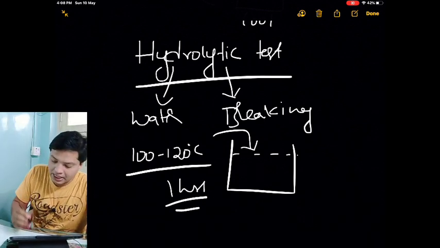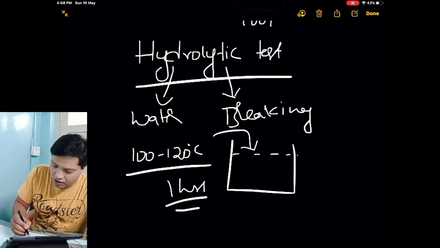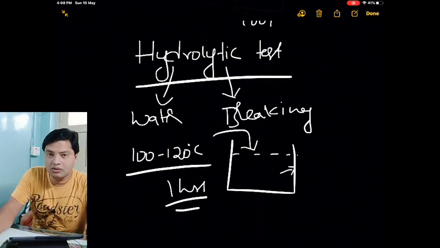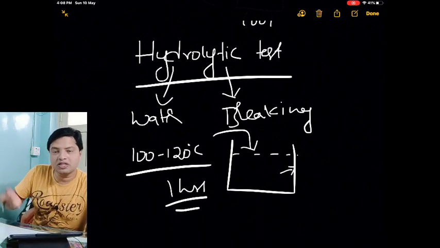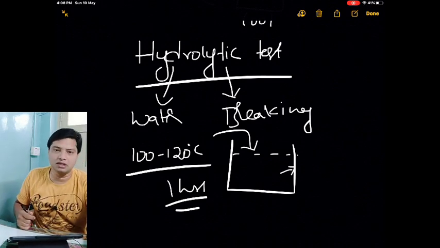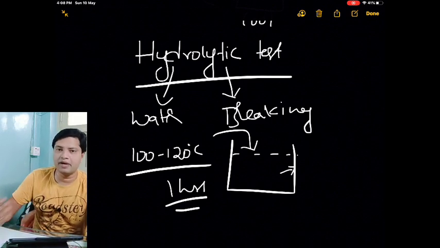What happens? After keeping it for this time, the heated water will go and try to lyse the chemicals present within the glass. It will break the chemicals present in the glass, and those chemicals will leach into the water after breaking.